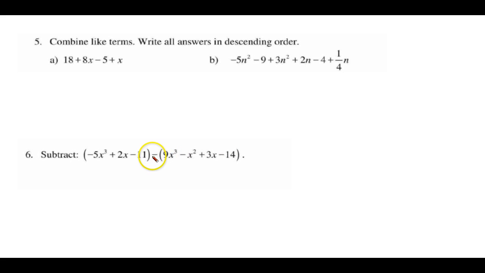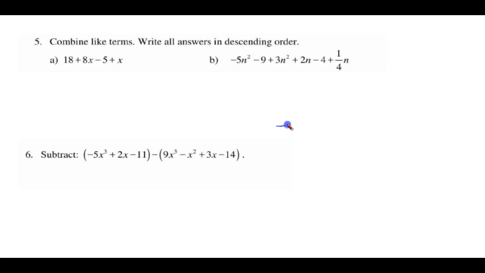When you have a negative sign and then a parenthesis, the strategy for that is to remove the parentheses and then change every sign within the parenthesis. So this is what I'm going to put up over here. This negative says remove the parenthesis and change every sign.